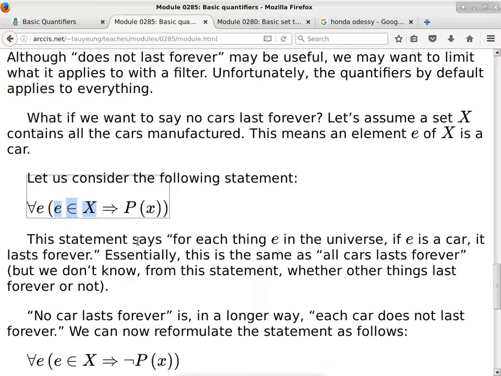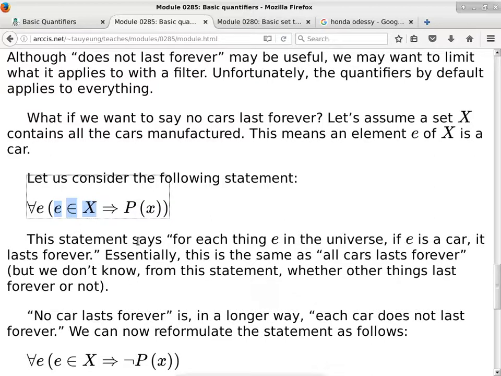But when you say for all E, you're also binding E to everything that is possible in everything in the universe, right? So when E is bound to MX5, what happens to the statement itself? Is it true or is it false?